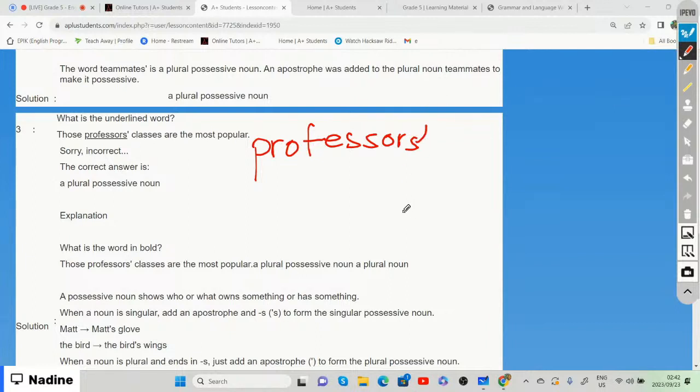So now it is professors'. And this now shows that it is their classes, right? But this is also a plural possessive noun.